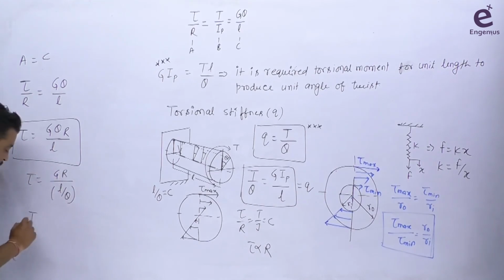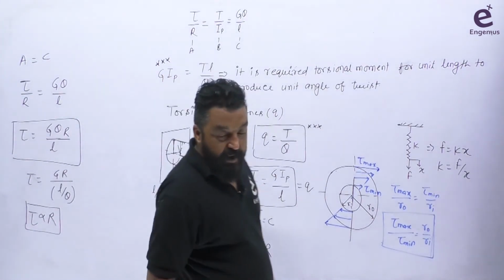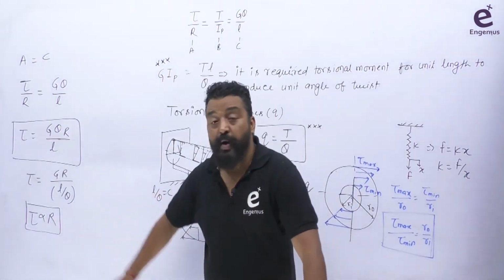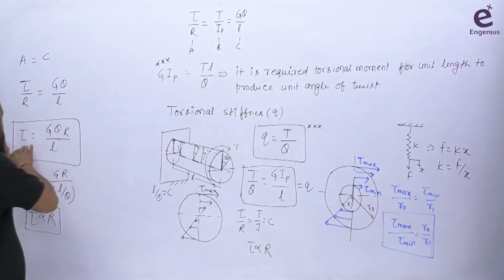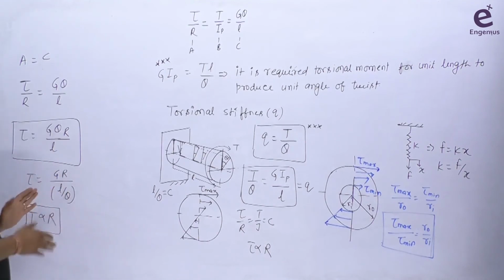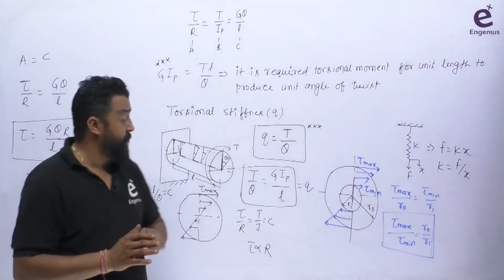Then from here we can say tau is also proportional to R, okay? So from here also you can easily derive the value of R from the formula. So this confusion should not be here. Is it inversely proportional to length? No, this term is actually a fixed one. Length increases, theta also increases.